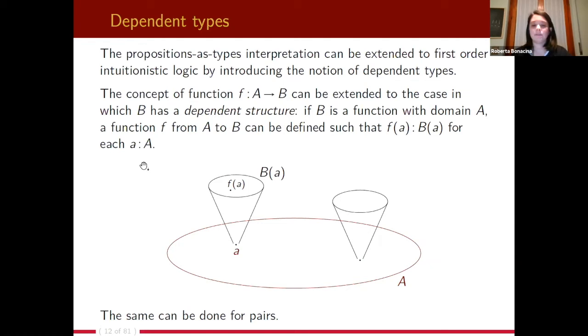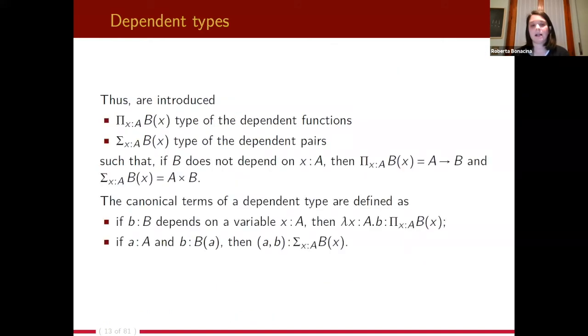And the same construction can be done for pairs. So this allows us to introduce two other types, which are the pi and the sigma types. The pi type, pi x of type A, B of x, is the type of dependent functions, and the sigma type is the type of dependent pairs.